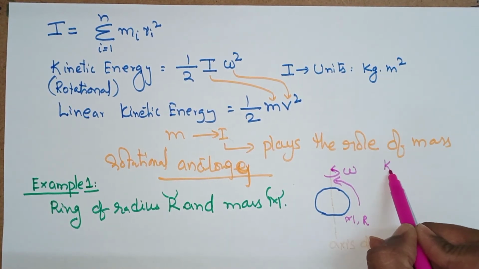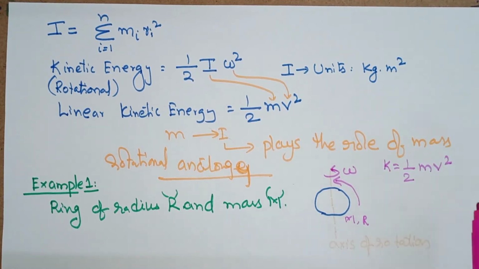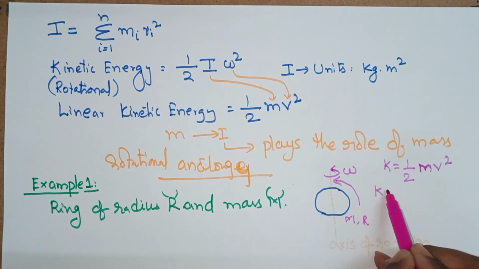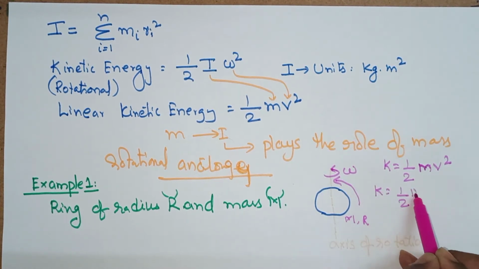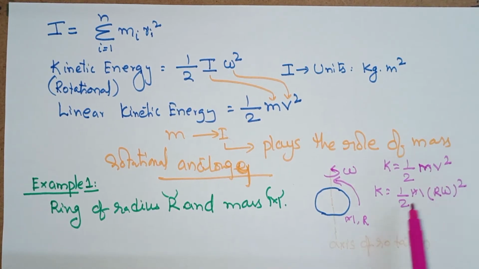Generally kinetic energy is equal to half m v square. So we write capital M. Kinetic energy is equal to half M, v equals r omega, whole square. So kinetic energy is equal to half M r square omega square.